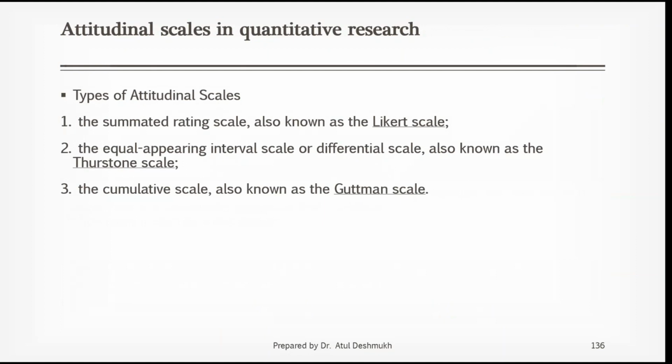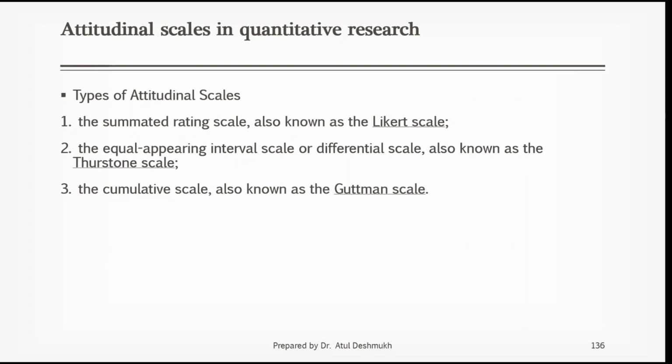Now, what are the common attitudinal scales used in quantitative research? Basically, we use three kinds of attitudinal scales, and out of the three, only two are prevalent for researchers like us. First is the Likert scale.